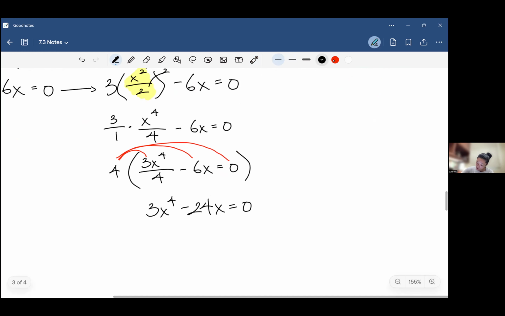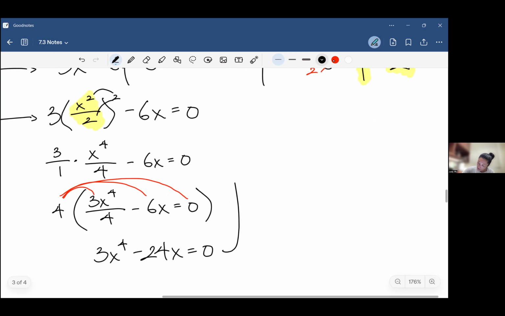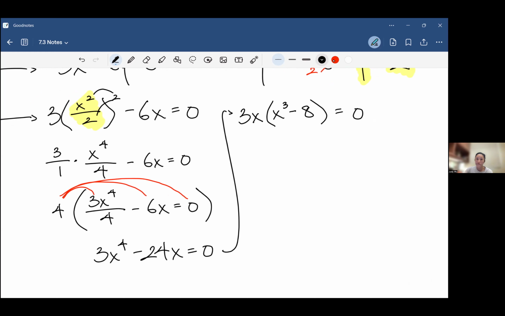All right, so let's continue this up here. I can take out a 3x, and then I'm left with x cubed minus 8 equals 0. This is going to let me say 3x equals 0 and x cubed minus 8 equals 0.